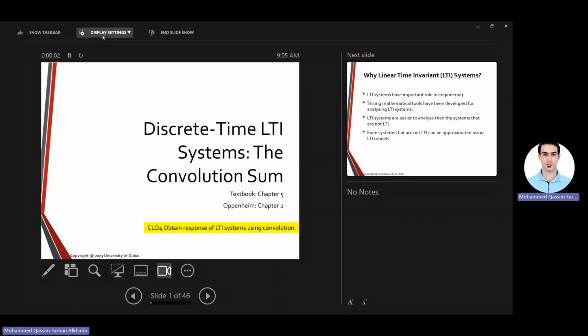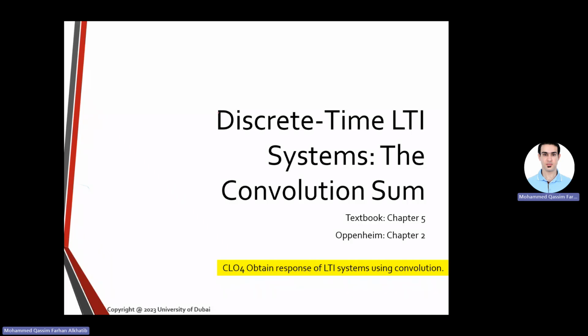And basically, convolution is the arithmetic process that happens inside the system when you apply a certain input. If we are talking about discrete time systems, remember we have a system with a certain impulse response h of n, and I apply an input x of n, and I'm getting a certain output y of n.